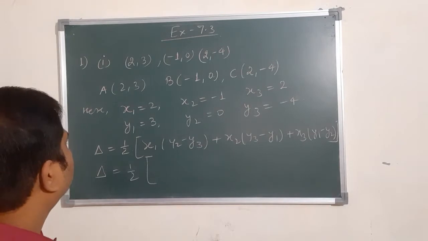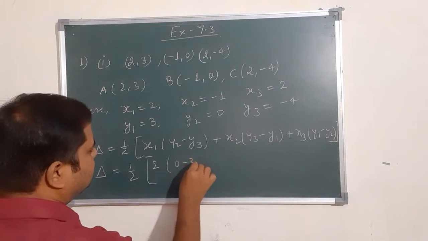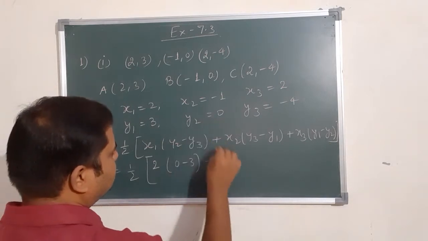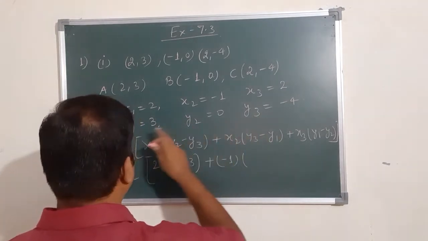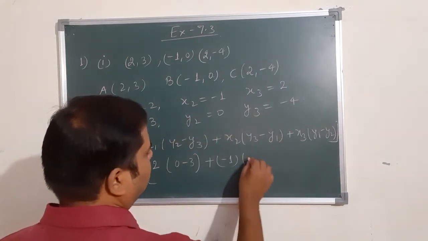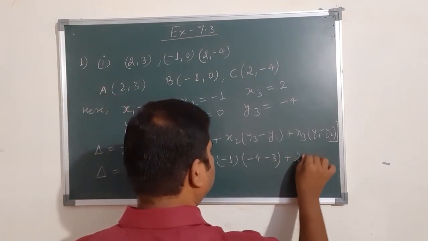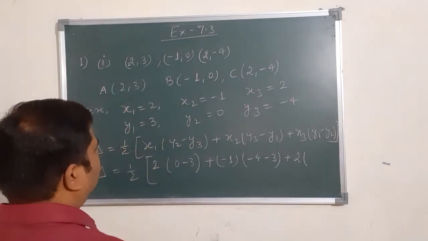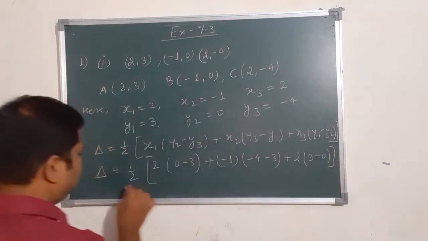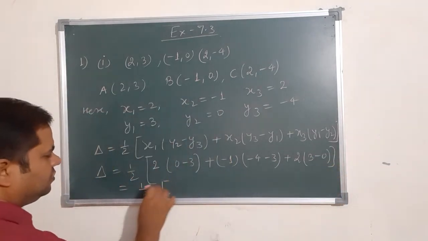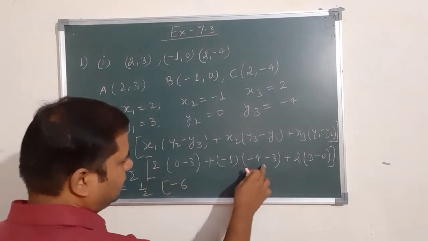So delta is nothing but 1 by 2, x1 is 2, y2 minus y3 is 0 minus 3, plus x2 is minus 1 and y3 minus y1 is minus 4 minus 3, plus x3 that is 2 and y1 minus y2 that is 3 minus 0, and this equals 1 by 2 into 2 minus 3 minus 6 minus 1 minus 7.